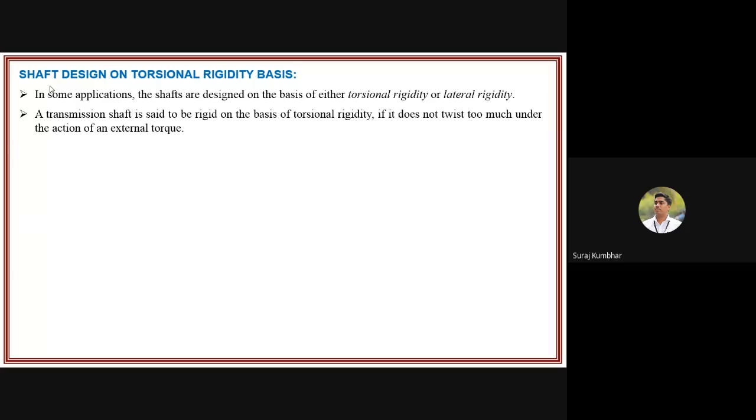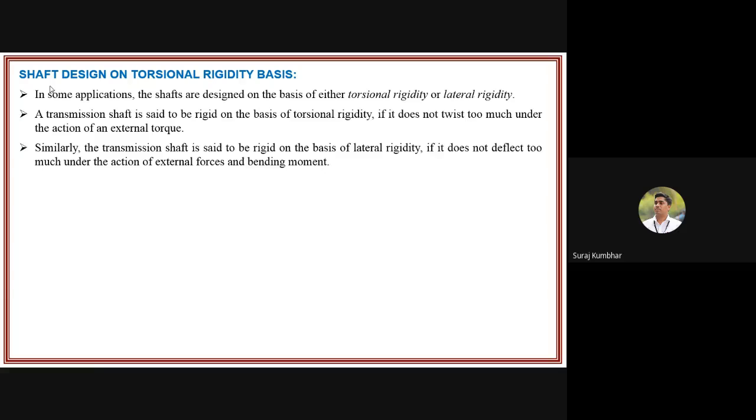So we can design a shaft on two types of basis. A transmission shaft is said to be rigid on the basis of torsional rigidity if it does not twist too much under the action of external torque, and on that basis you can design a shaft.